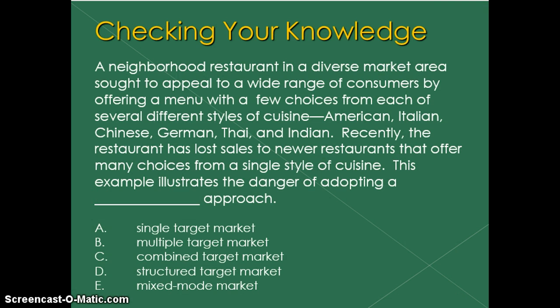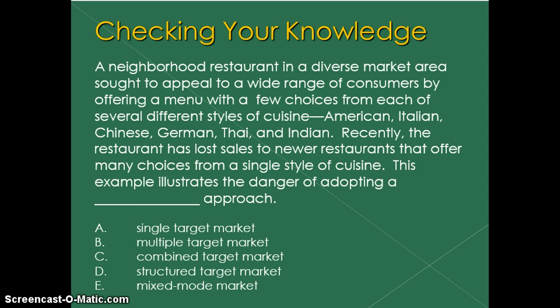All right, brings us to checking your knowledge. I'm talking about a neighborhood restaurant in a diverse market area that sought to appeal to a wide range of consumers by offering a menu with a few choices from each of several different styles of cuisine, including American, Italian, Chinese, German, Thai, and Indian.